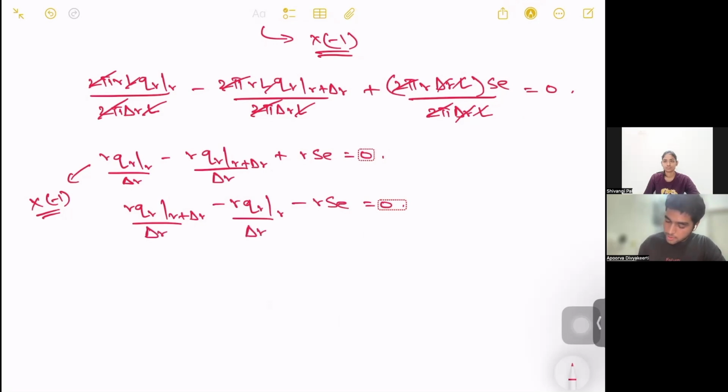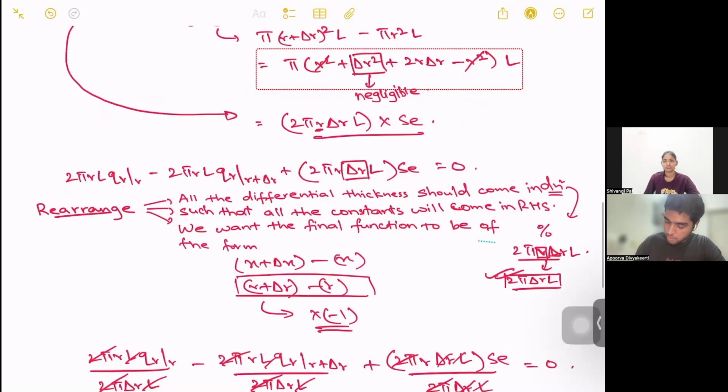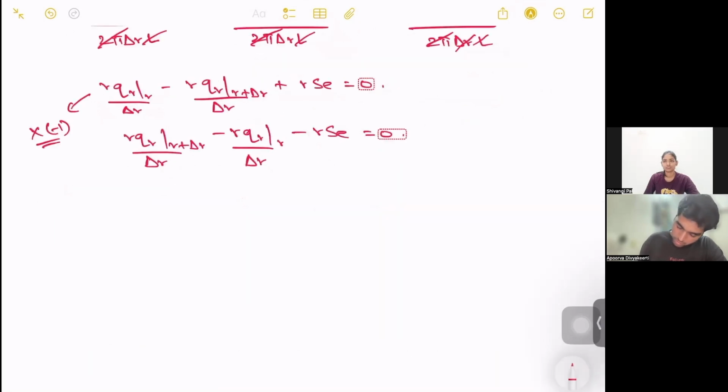Now, the second condition: all the constants will come in the RHS. What are the constants here? We have got one constant. So the final equation we get is R q_r at R plus delta R minus R q_r at R, divided by delta R, equals R S_E.